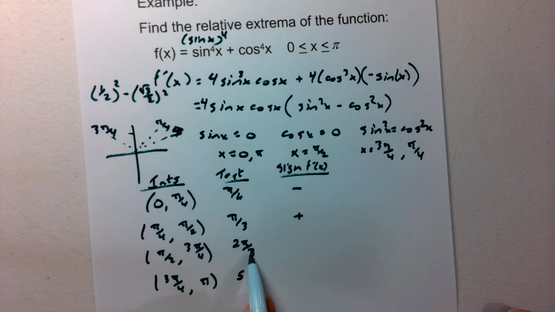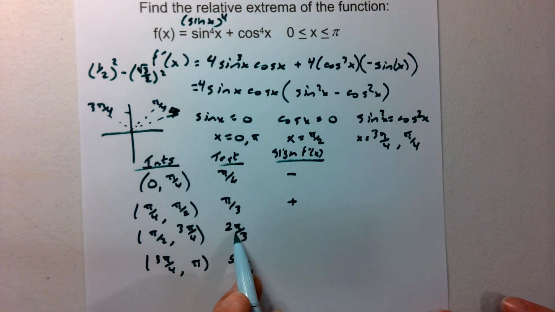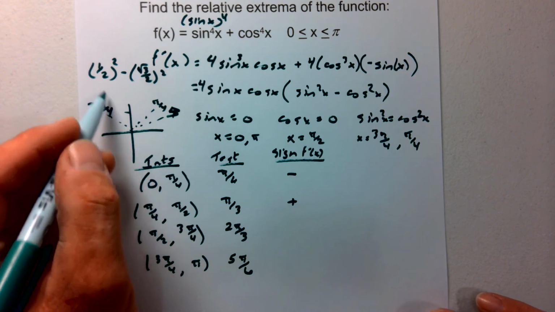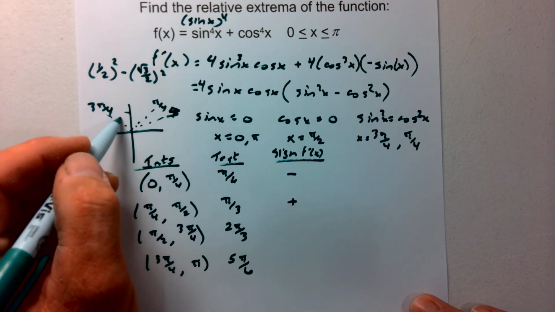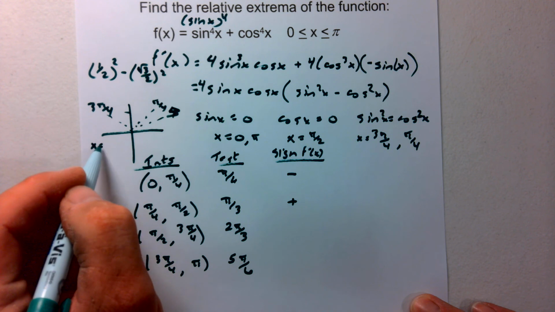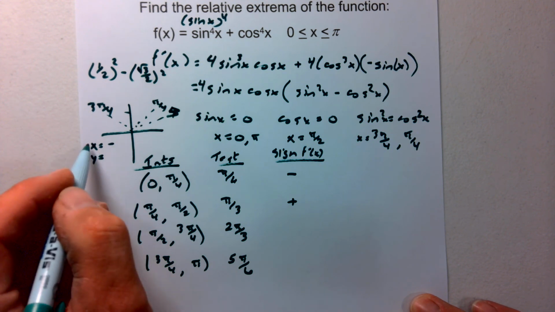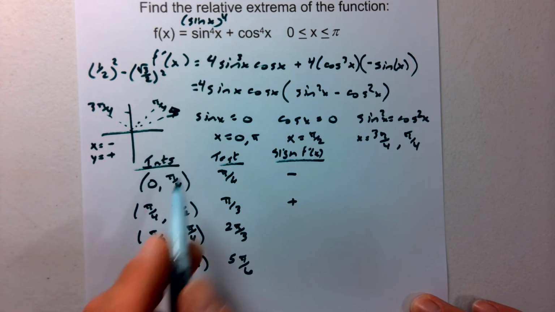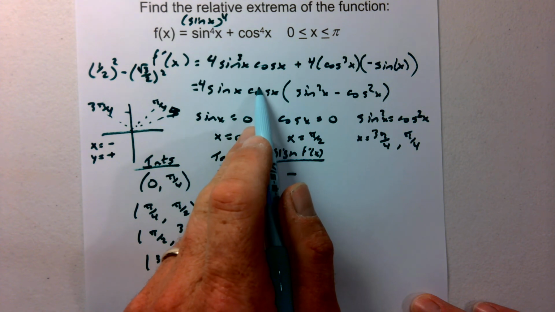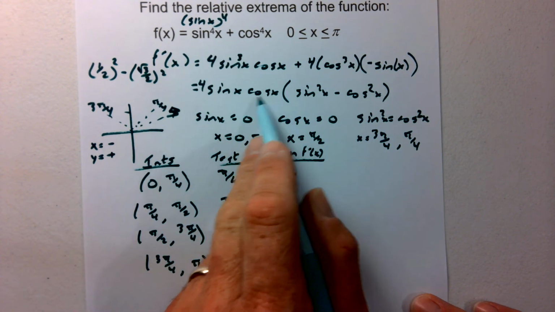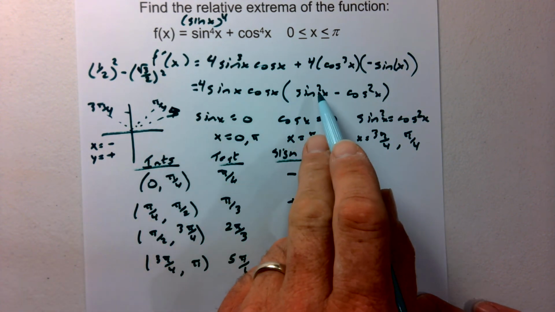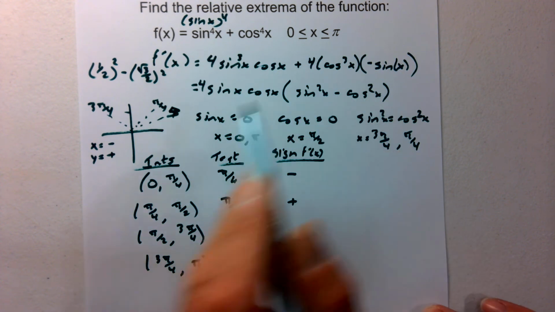Now when we come over to 2 pi over 3, what do we know about 2 pi over 3 over here? Well, here our cosine is going to be negative. So our x is negative there, our y's or our sines are going to be positive. So here we have a negative value times a positive. So we get a negative from the first part of it. So our sine and our cosine are going to be flip-flopped there.